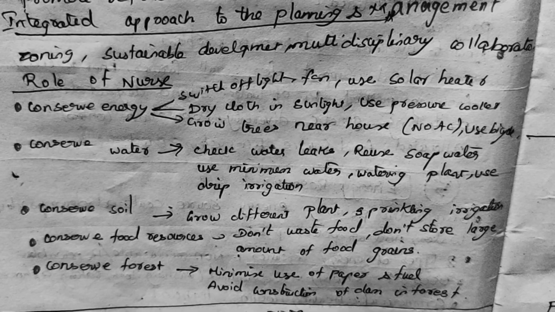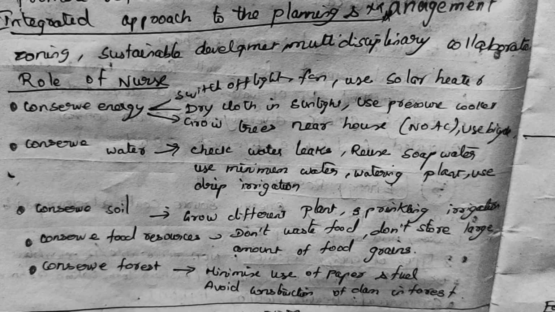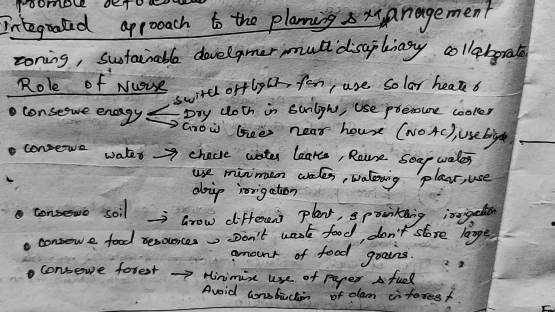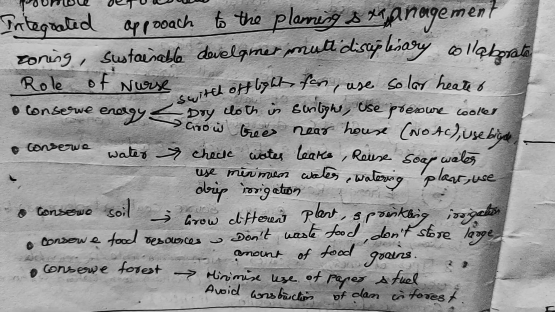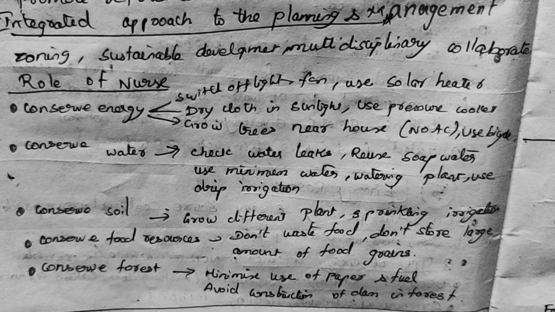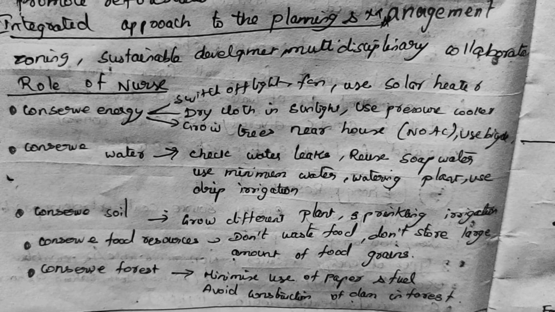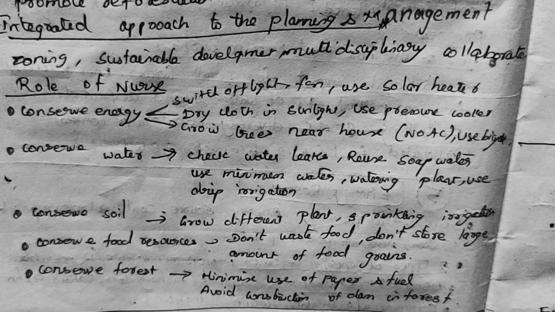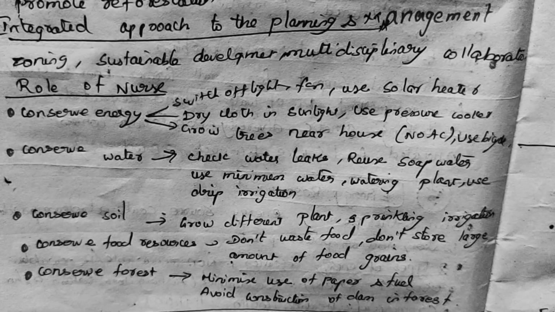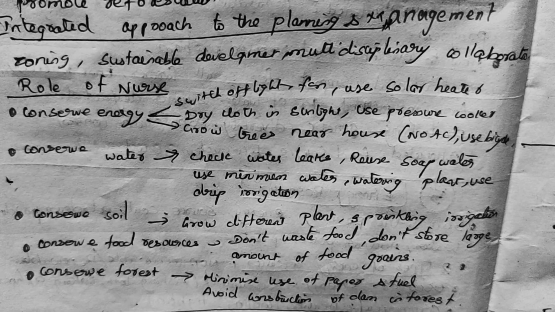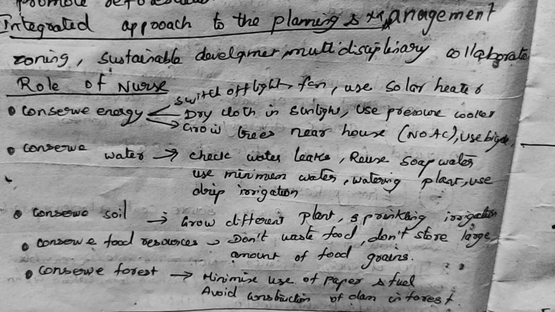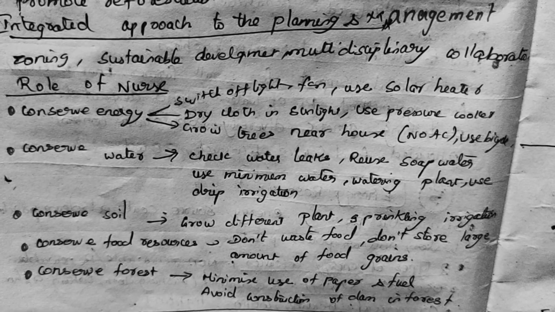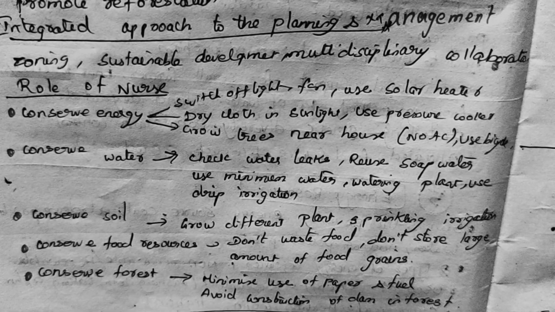Okay, so energy is finished, water is finished, and move on to the soil. How to conserve the soil? Grow different plants, use sprinkler irrigation, and then conserve food resources. Don't waste food, and don't store large amounts of food grains. And then conserve the forest. Minimum use of paper and fuel, and avoid construction of dams in the forest.